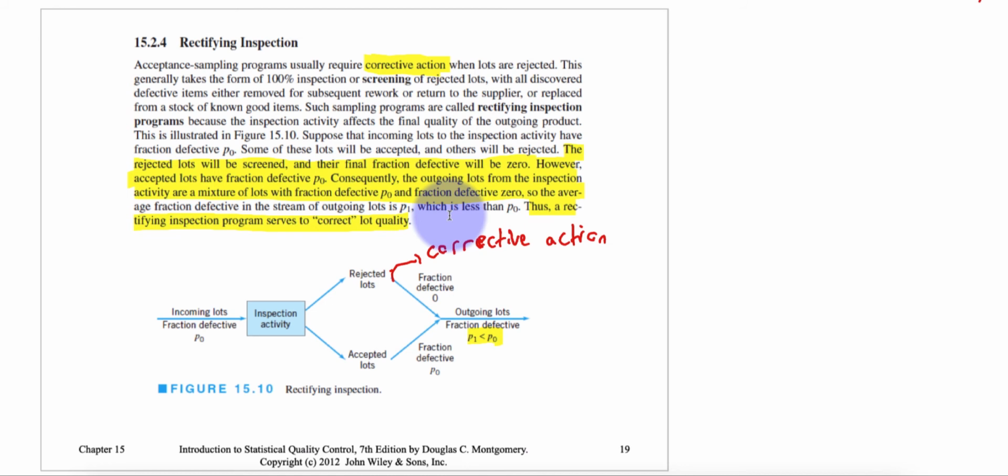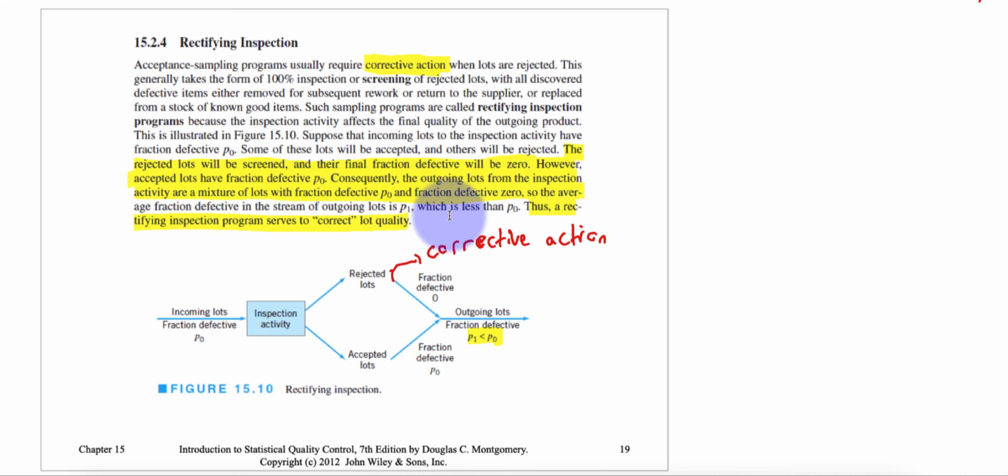So let's talk about the rectifying inspection then. Acceptance sampling programs usually require corrective action when lots are rejected. So when a lot is rejected, this lot will be 100% inspected. So we will take all of the items and inspect them, and we will find the rest of the defective units in it.